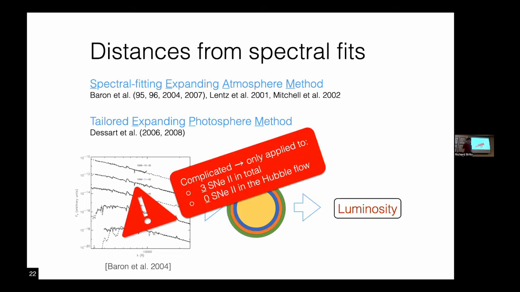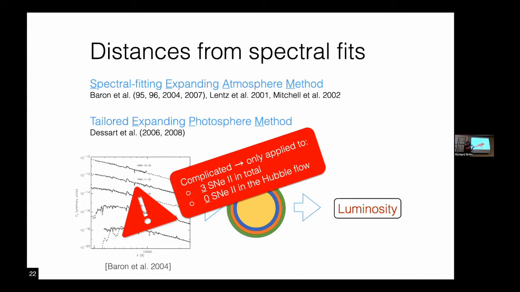The problem is that this is very complicated and very time consuming. The radiative transfer calculations take a long time, and then you have to optimize the structure in an iterative process and so on. So in total, in the literature nowadays, this has been done for 3 type 2 supernovae as a proof of principle.